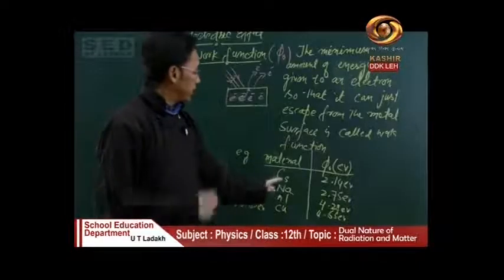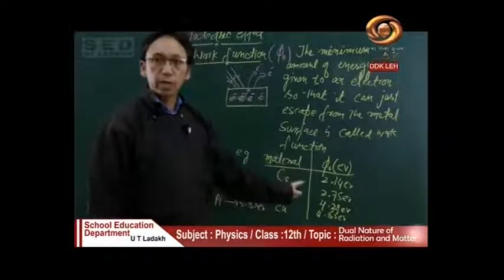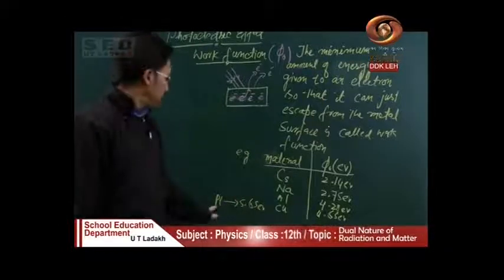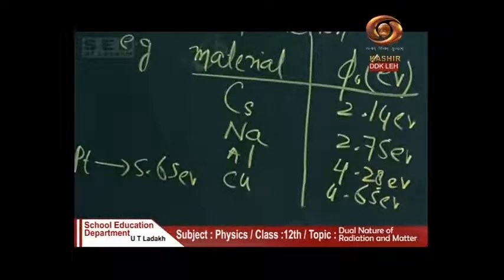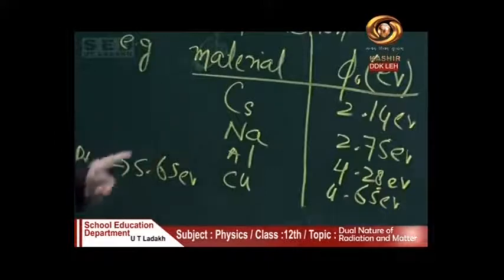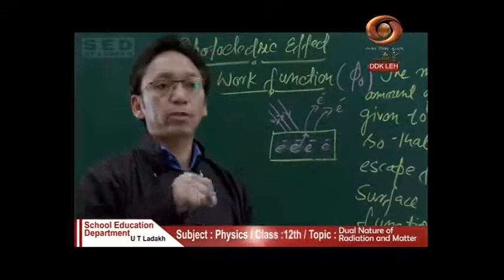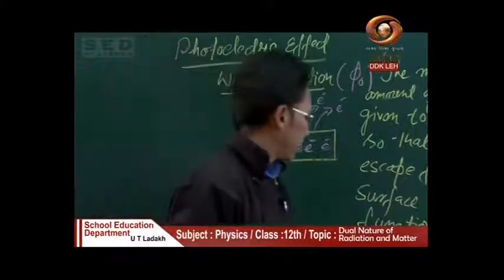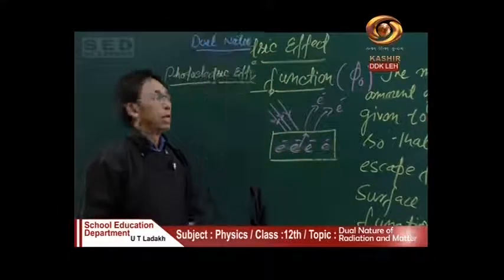So it is very easy to eject an electron from the surface of cesium than to eject an electron from platinum, because platinum has a work function of 5.65 electron volt. If we are able to give an energy of 5.65 electron volt, only then can an electron come out from the surface of platinum. But in case of cesium, it requires only 2.14 electron volt.